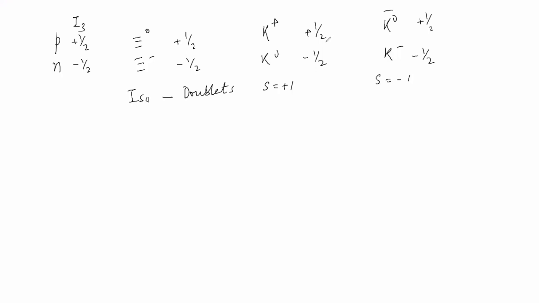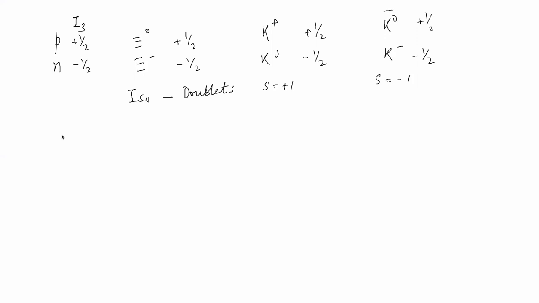Highest charge is given maximum projection, whereas K0 bar is neutral and K minus has got a negative charge. Therefore, K minus has isotopic projection as minus half, while K0 bar has isotopic projection as plus half. These are the common examples of doublets of particles.